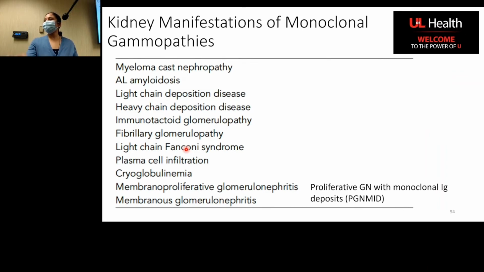So before I move on to that, monoclonal gammopathies have multiple kidney manifestations. Most common one, as we see, is the cast nephropathy, then light chain deposition disease, AL amyloidosis, cryoglobulinemia. And then more newer entities is proliferative GN with monoclonal immunoglobulin deposits, or PGN-MID.